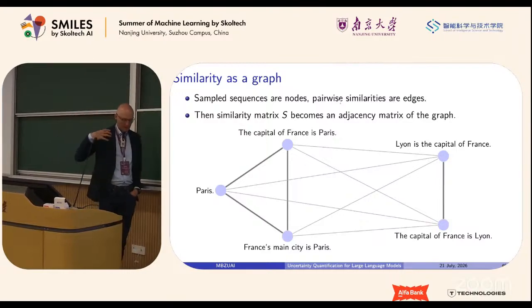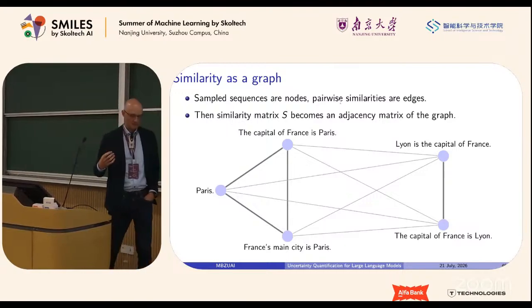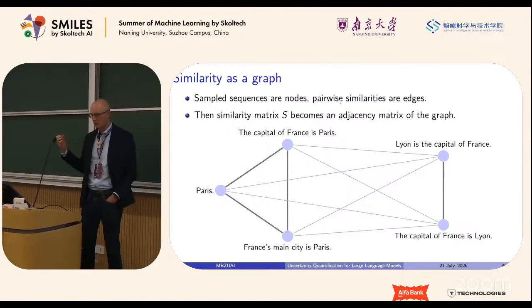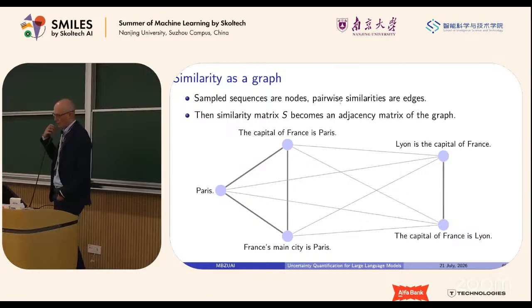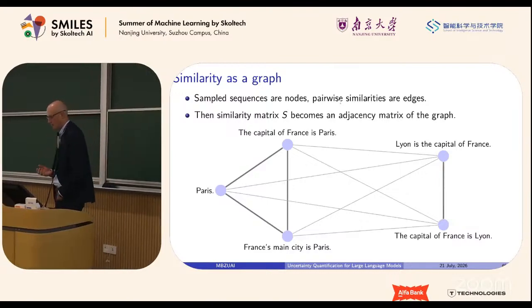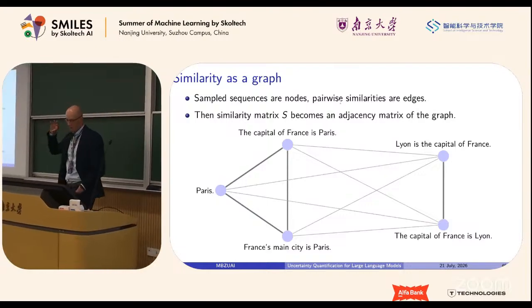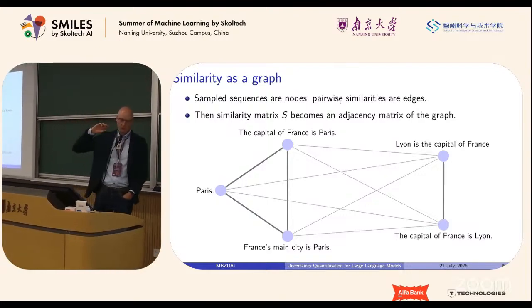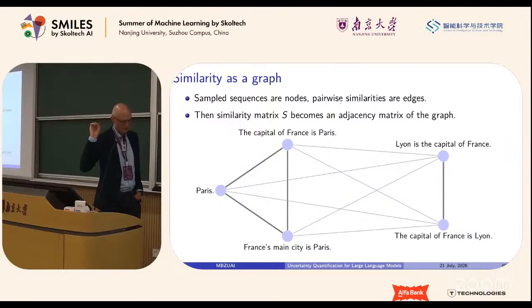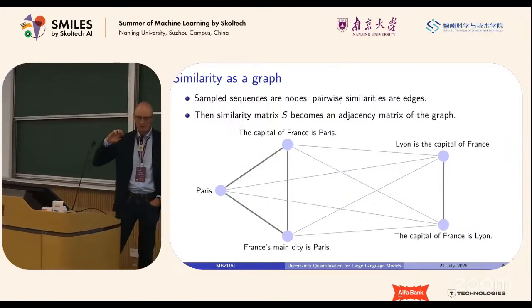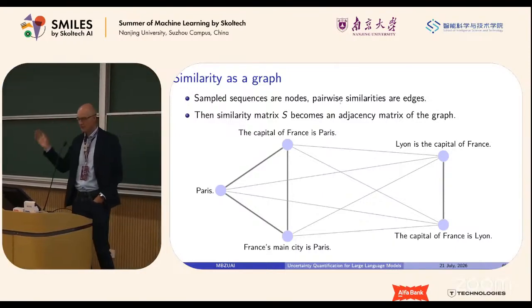When we are getting these similarity scores between sampled answers, we can always build a graph of similarity between answers. In many cases, there will be situations when the model samples answers that are similar in one part, but a little bit different in another.